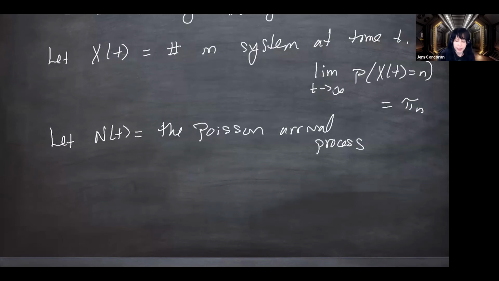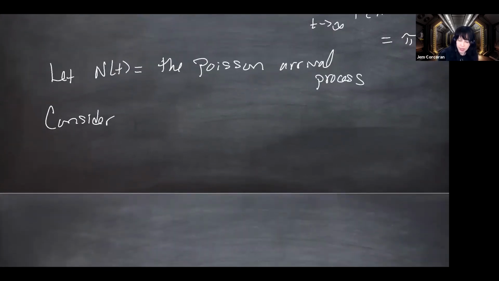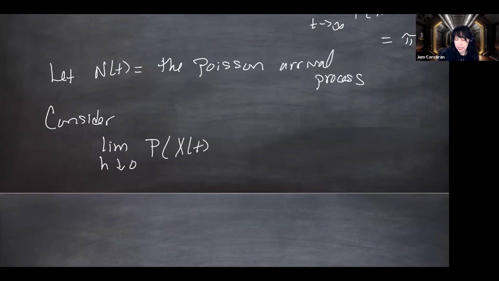which really doesn't make sense because a process is a whole group of these, but I think you know what I mean. So let's consider the limit as h goes down to 0 of the probability that x of t is n. I'm not taking the limit in t, so I'm not actually getting to stationary mode. t is some fixed time.